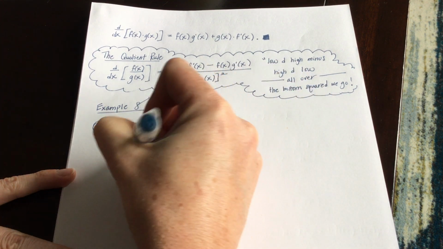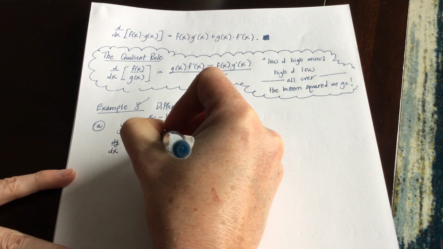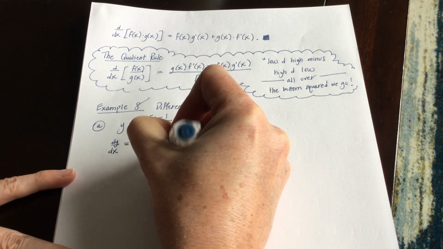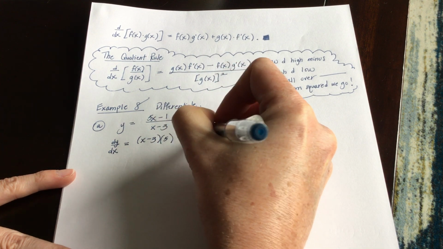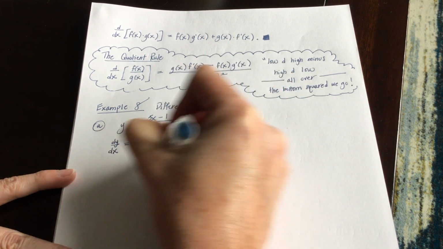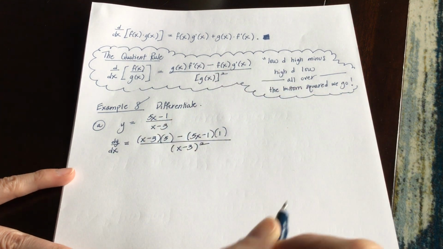On the right side, we would do low, which is just your denominator, d high, derivative of your numerator, minus high, d low, all over the bottom, squared we go.